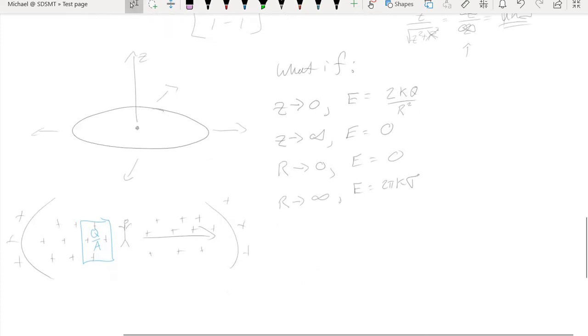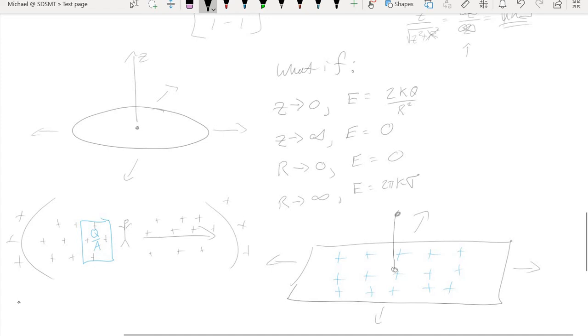If we allow this disk to stretch out to infinity in all directions, how do you know it's still a disk? Well, we don't. All we can say now for sure is that we have an infinitely large sheet of charge. And somewhere above that sheet, a distance of z, the electric field magnitude is going to equal that which we've just found out there.